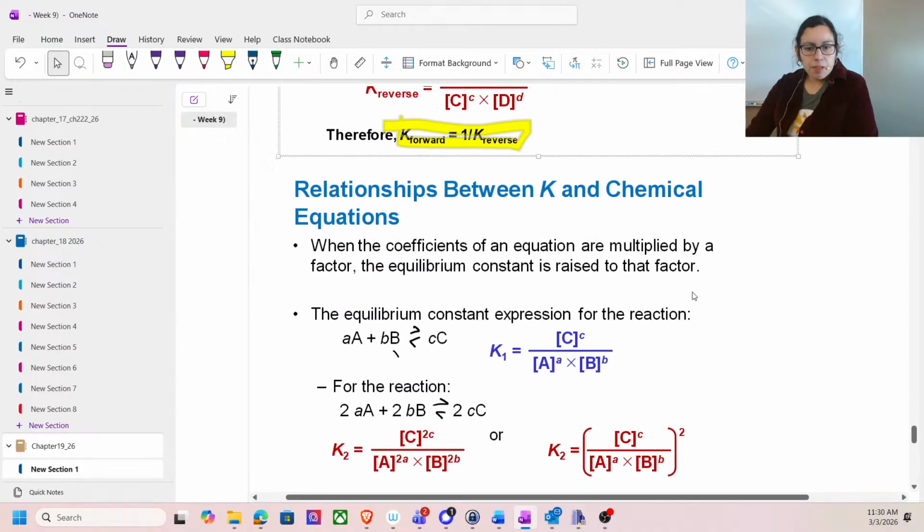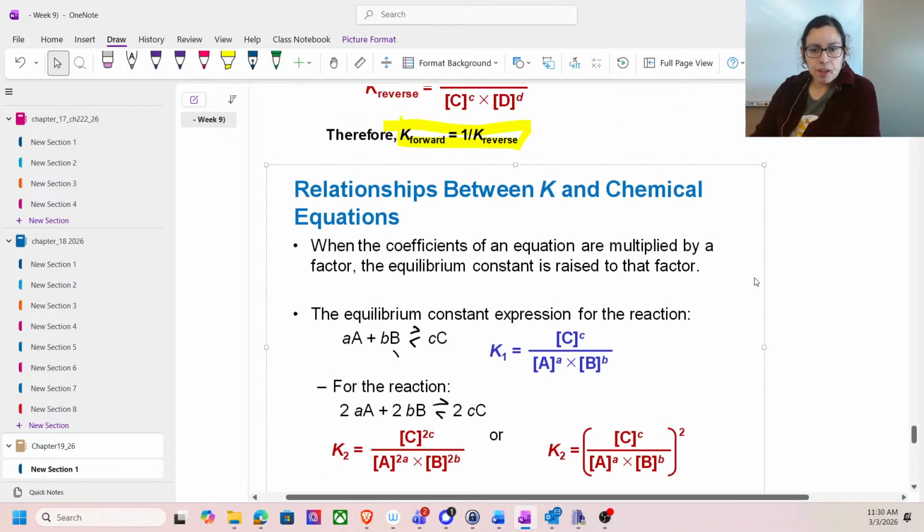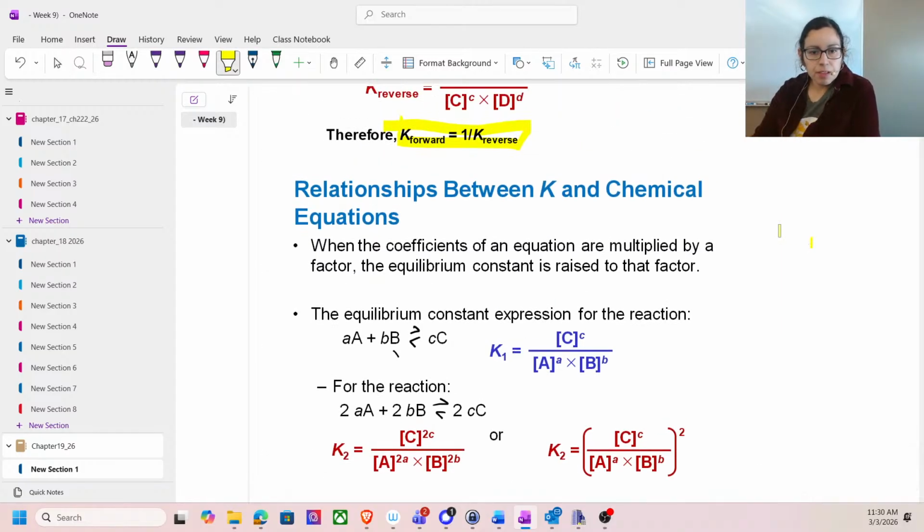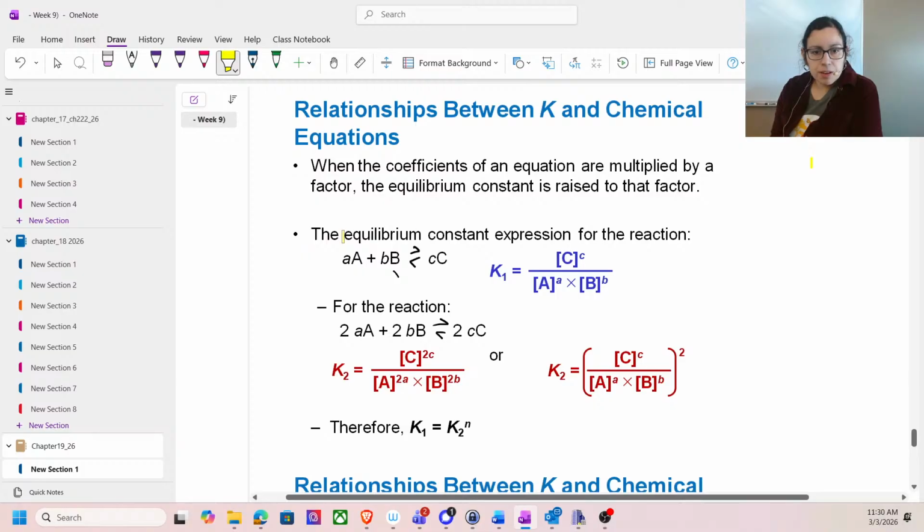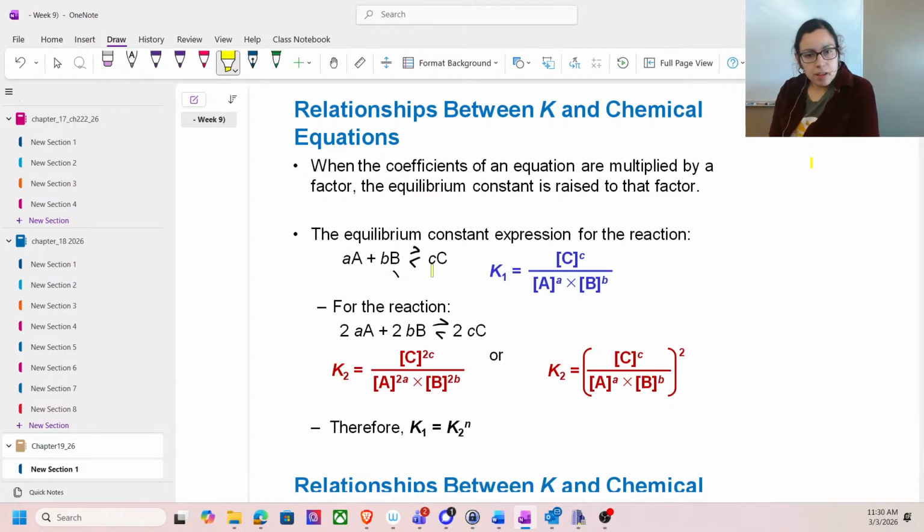All right, other relationships that we'll find useful. Let's say we're given our expression, A plus B gives us C, so there's our K1, with everything raised to the appropriate power. But then what if we were to double the reaction? So now we're saying 2 times the amount, so 2 times everything.